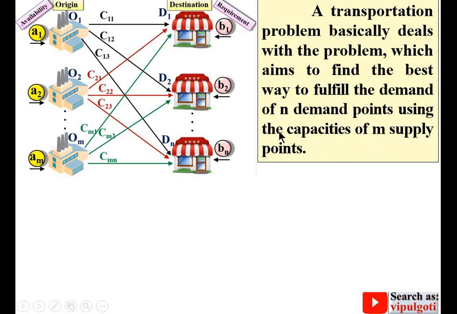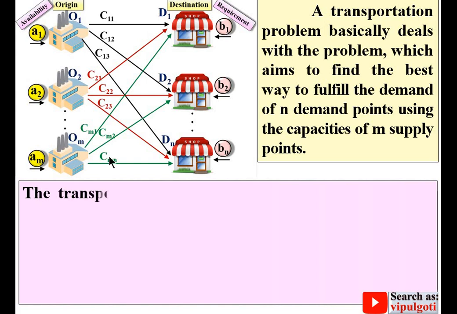In this figure you can say these are the n demand points and these are the m supply points, and we want to find the best way out of all these available ways.